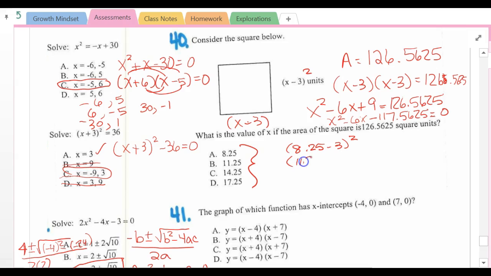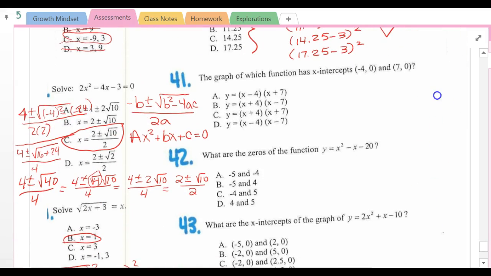I could try 11.25 minus 3 quantity squared. I could try 14.25 minus 3 quantity squared. And I could try 17.25 minus 3 quantity squared. So if this was a similar type question on an SAT, this is the method I would try, because this gets really messy when you're trying to factor.